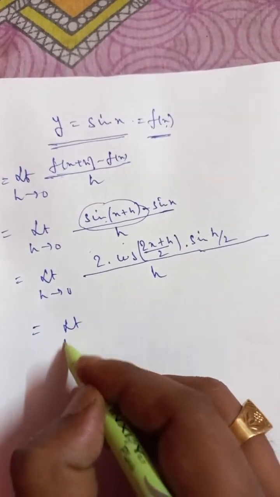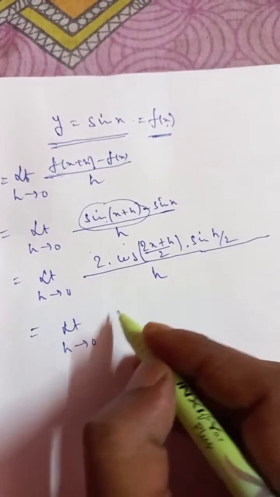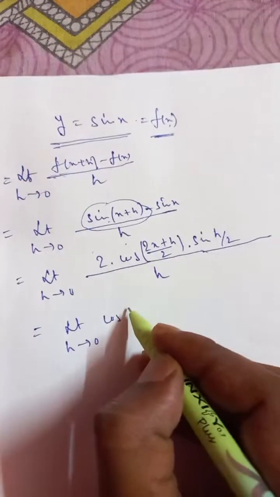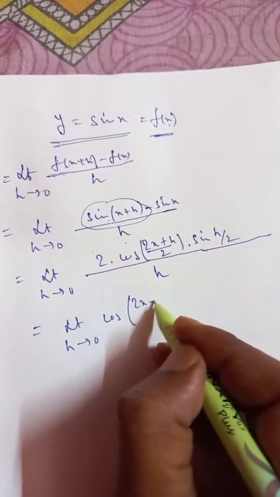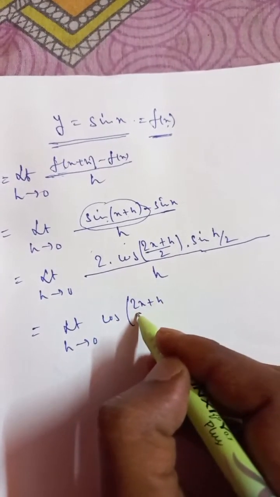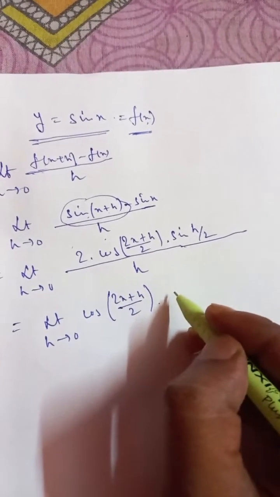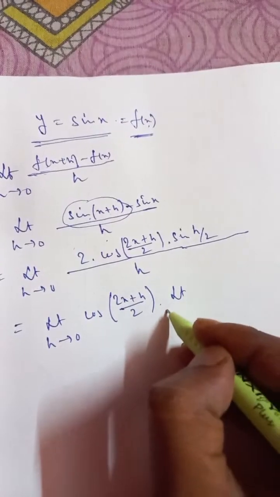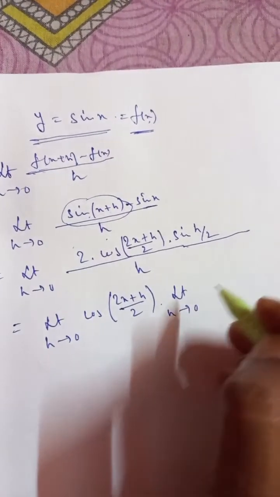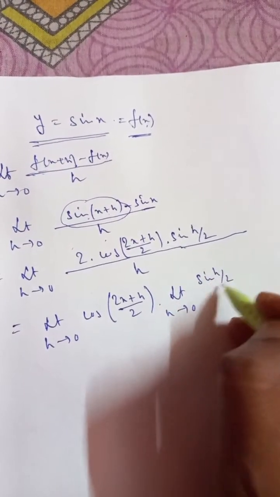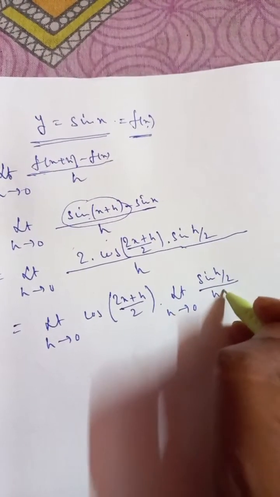So we can now rearrange this in this way. Limit h tends to 0 cos of (2x plus h) by 2, into limit h tends to 0 of sin(h by 2) by (h by 2).